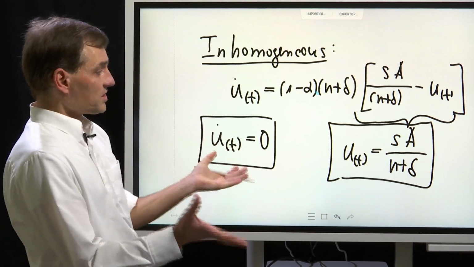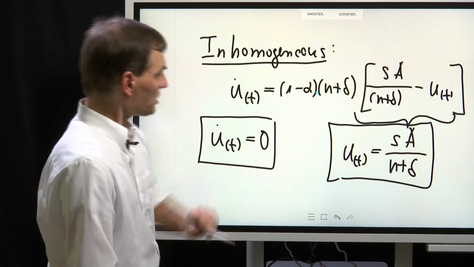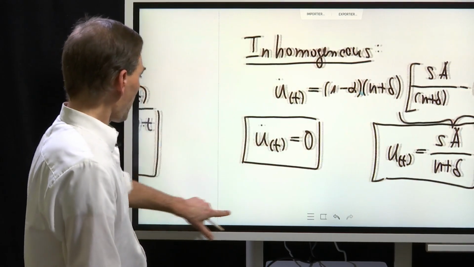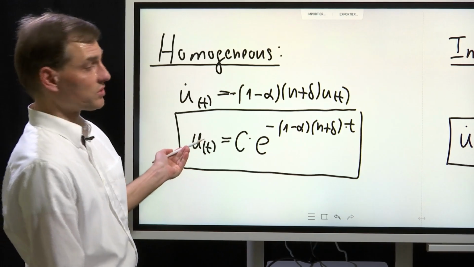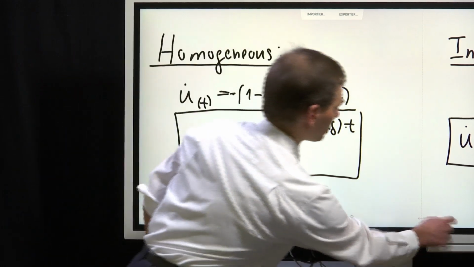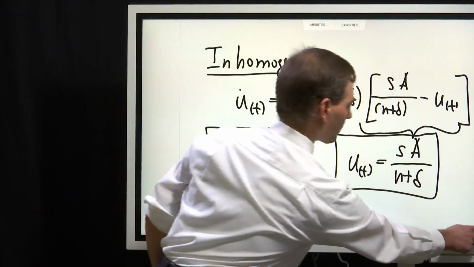So in order to have the general solution, I just have to add up both the inhomogeneous solution and the homogeneous solution. And that gives us then the final solution. So let's write down the final solution.